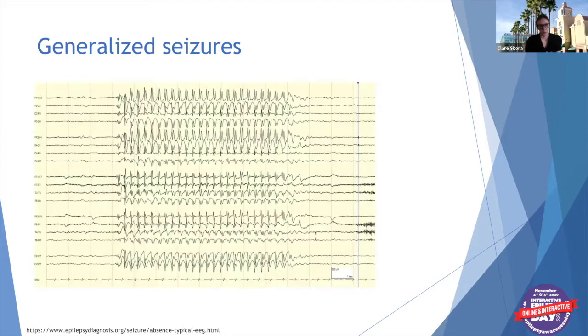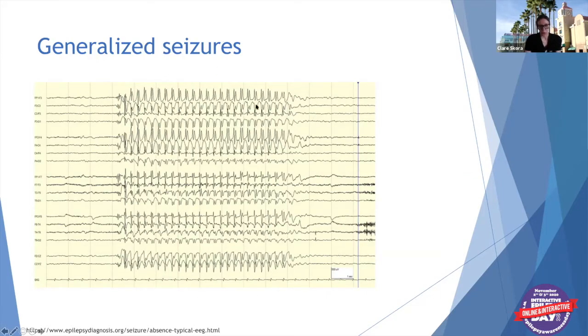And so when this happens, we'll have the child blowing on the pinwheel. And if you look here, we see this is generalized because it's in every line. And we see spike wave discharges in every line. So generalized spike wave discharges that are occurring about 3 times per second. And this whole thing is about 9 seconds.